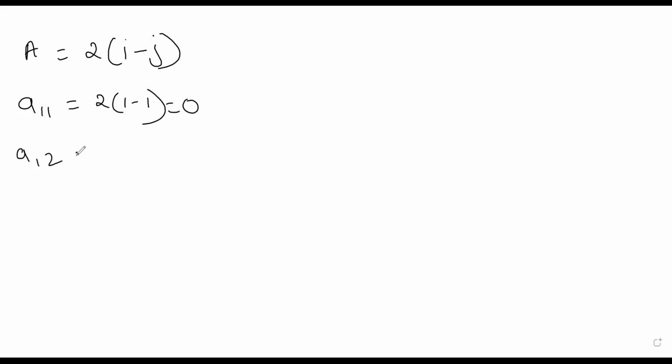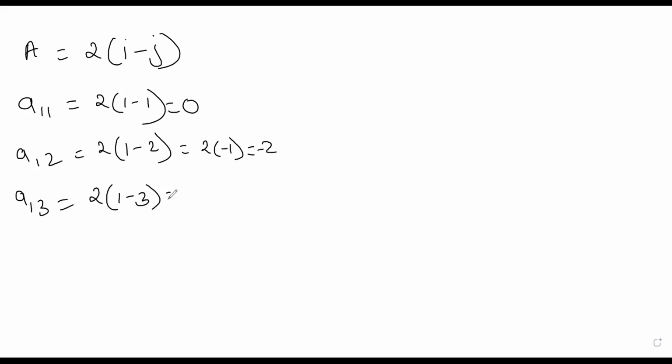Then A12 will be 2 into 1 minus 2, that is 2 into minus 1, that is minus 2. A13, because it is 3 by 3, 2 into 1 minus 3, that is 2 into minus 2, that is minus 4.